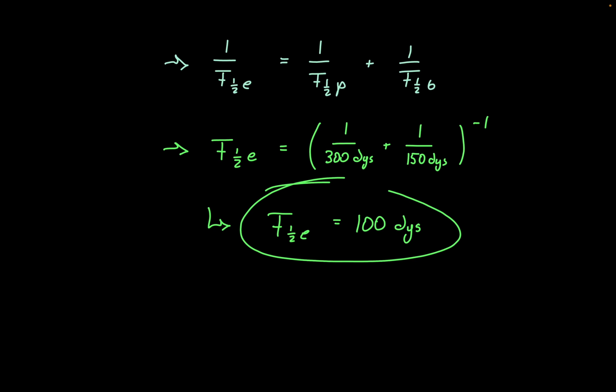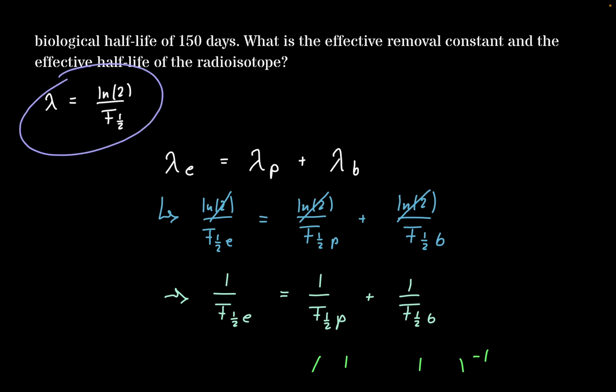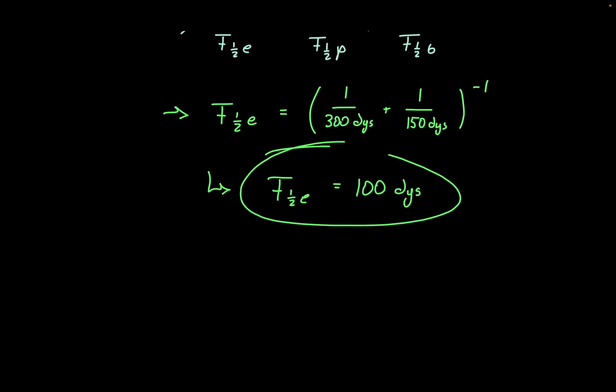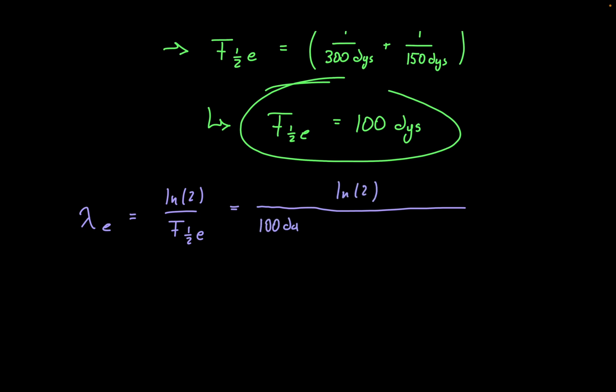Now that we have our effective half-life, we can use this equation to get our effective removal constant. It's essentially the same thing. Lambda sub e is equal to the natural log of 2 divided by our effective half-life, so natural log 2 over 100 days.